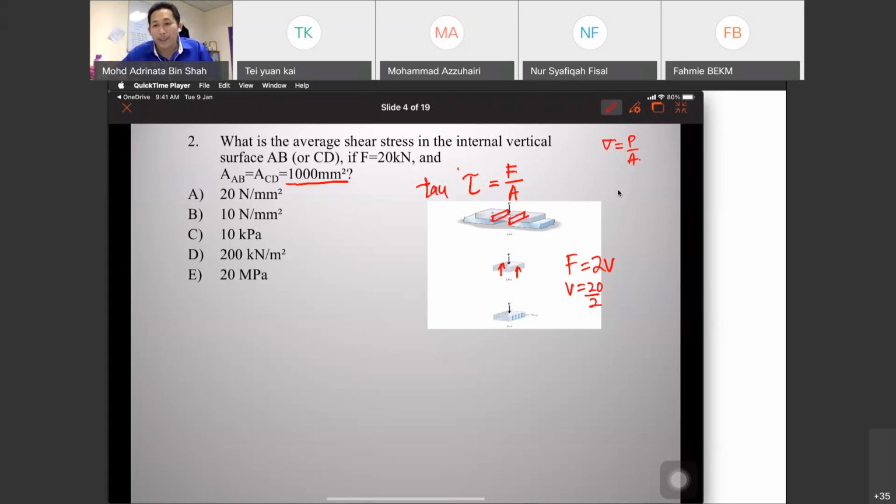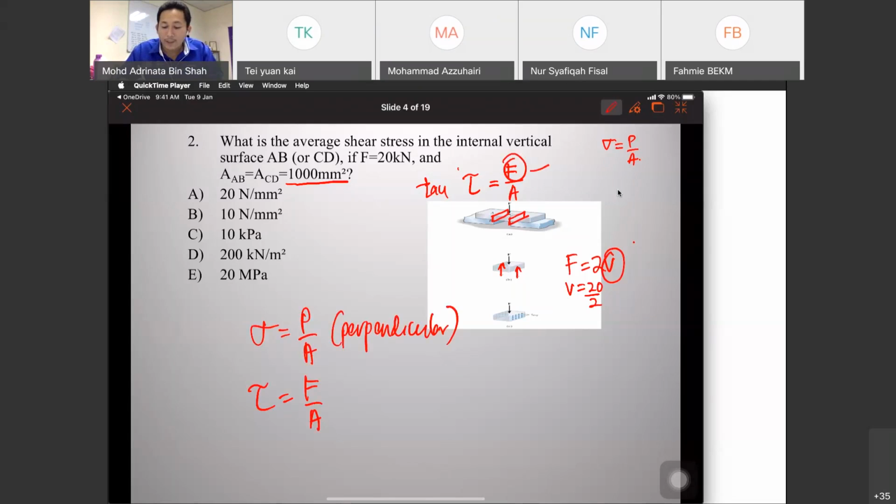Tapi yang paling penting, ini kita akan belajar kejap lagi, dan yang paling penting awak kena tahu adalah sigma untuk normal stress, which is this is perpendicular, and tau is equals to F over A. Saya tak nak teruskan sebabnya nanti confuse F dan juga V. Tapi F ni sebenarnya adalah F yang kita dah kira, calculated, gunakan statik.